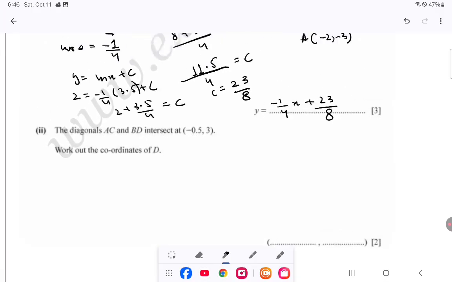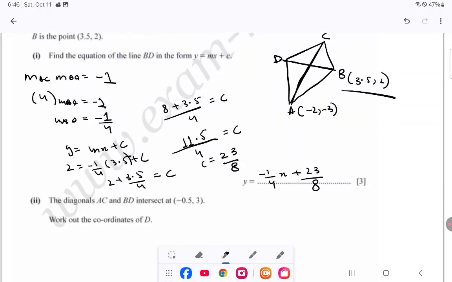Now for the coordinates of D, the diagonals AC and BD intersect at (-0.5, 3), which means that is the midpoint of BD, and the point B is given.